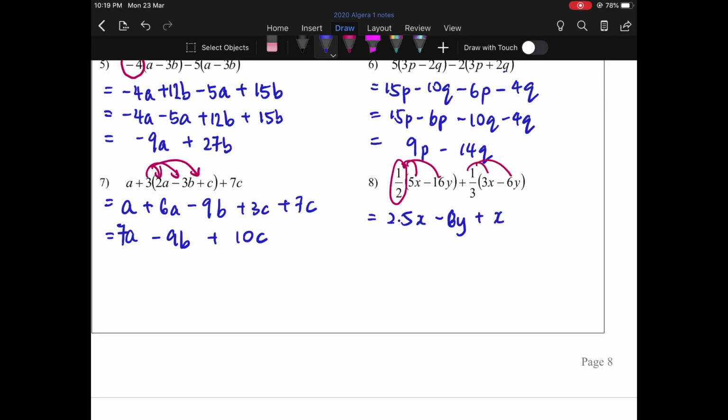And 1/3 of 6, that is 2. So let's group up the like terms together first. So 2.5 plus 1x, you will get 3.5x. Negative 8 subtract 2, you will get negative 10y.